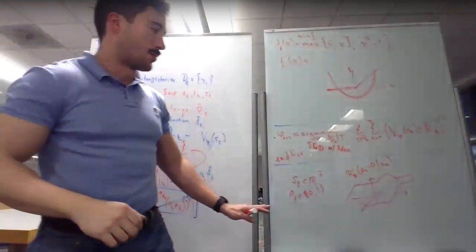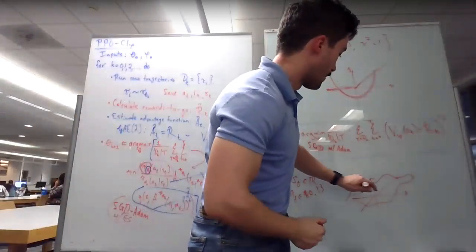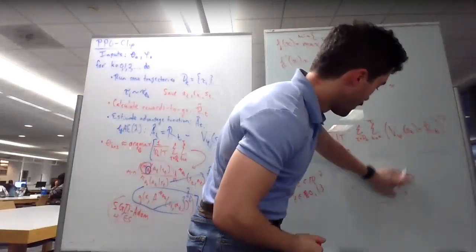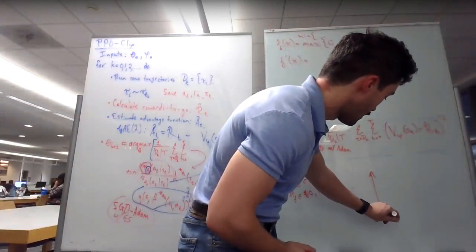It's better to view it as a fiber bundle where, imagine this axis is not the probabilities anymore, but instead it's the action you take. So this is AT.